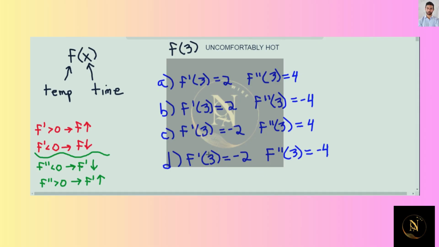So this is your best scenario. You're uncomfortably hot at F of 3. F prime is negative, meaning the temperature function F is decreasing, so the temperature is coming down, and you're going to feel better. But F double prime is negative, meaning F prime is going to decrease. So the more F prime decreases, the more negative it gets, the faster your temperature is coming down. So D is your happiest scenario.